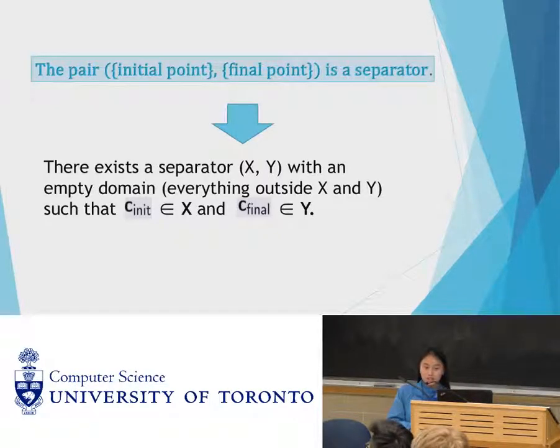If we can reach that stage, which means we can get a separator with an empty domain, then the procedure terminates, and in this case the final point cannot be reached from the initial point. Otherwise, the final point can be reached from the initial point.